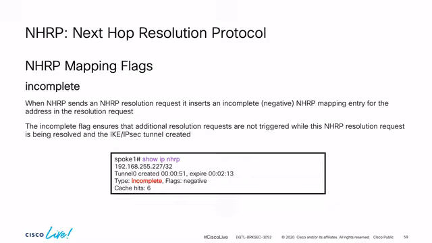The incomplete flag is very important because this ensures that additional resolution requests are not triggered. So once the spoke sees the type as incomplete, it waits for the resolution response.